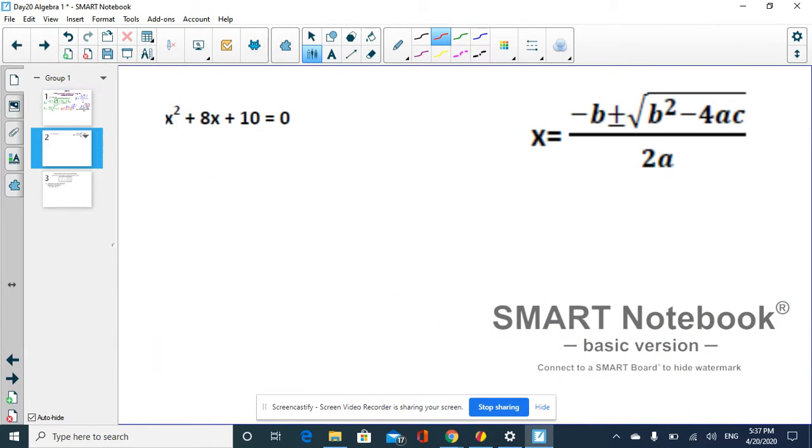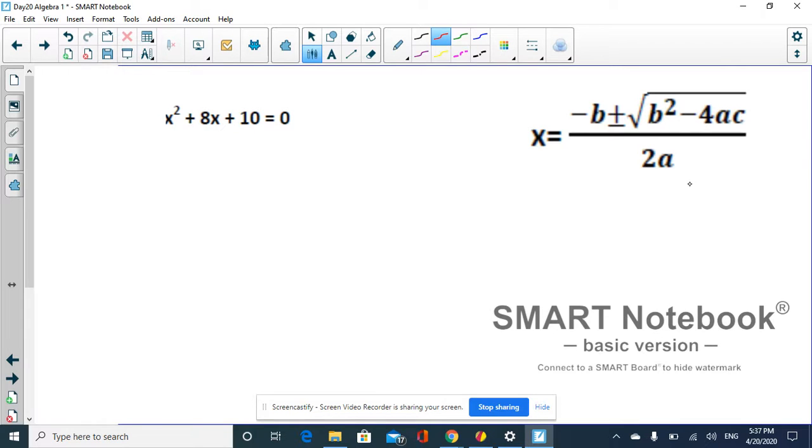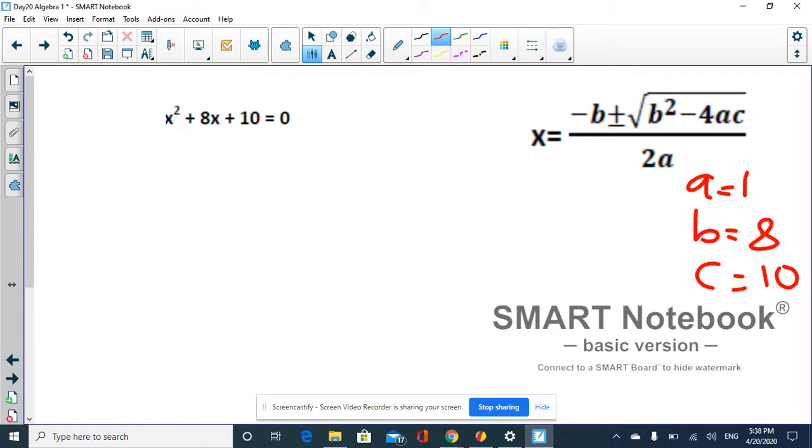Let's see another example. Use this quadratic formula to solve this quadratic equation. A, the number in front of x squared, is 1. B, the coefficient of x, is 8. C, the constant, is 10. Let's use this formula. We need to find the value of x.